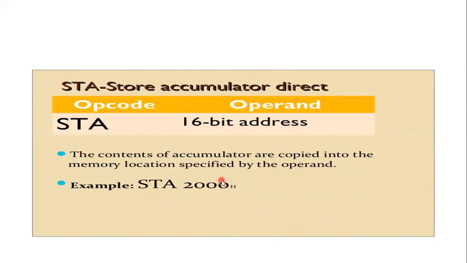The next instruction is here, STA, store accumulator direct. Opcode is STA, operand is a 16-bit address. The content of the accumulator is copied into the memory location specified by the operand. So an example, STA 2000.